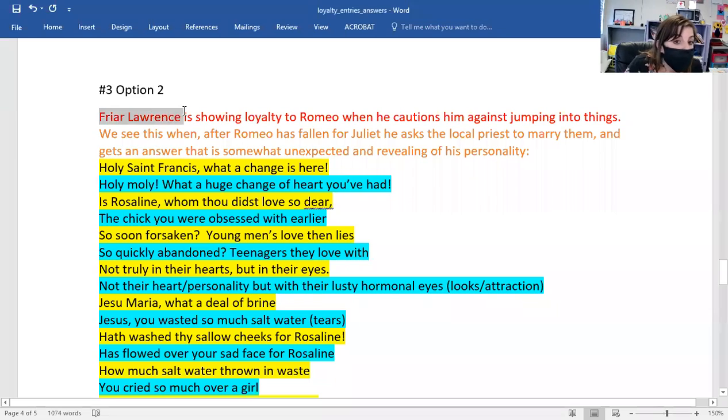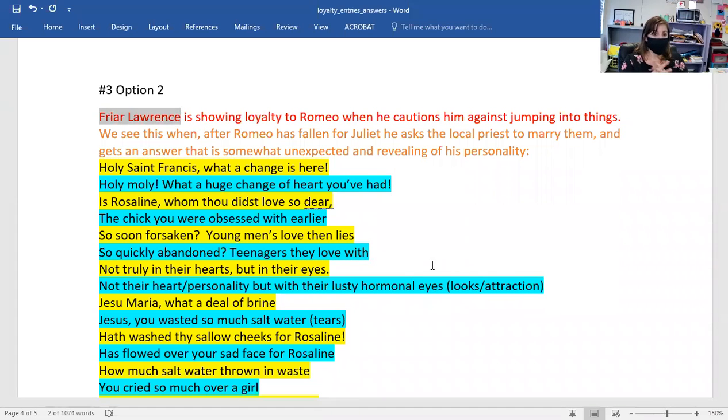Father Lawrence. I'll put it up. So, sorry, Friar Lawrence. Yeah, that can be confusing because in the Catholic Church, they call priests fathers. So Friar Lawrence is his name, Lawrence. I always spell that wrong. And Friar Lawrence, like we were saying earlier, you could put either.